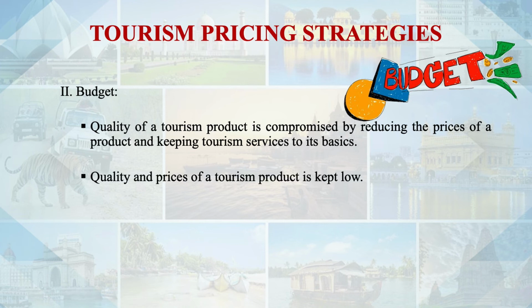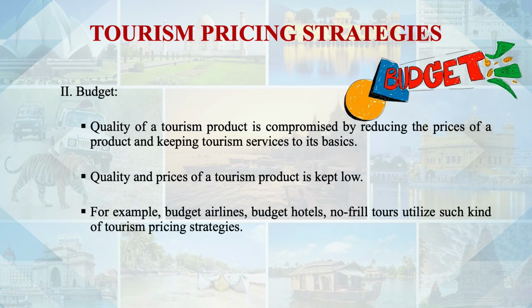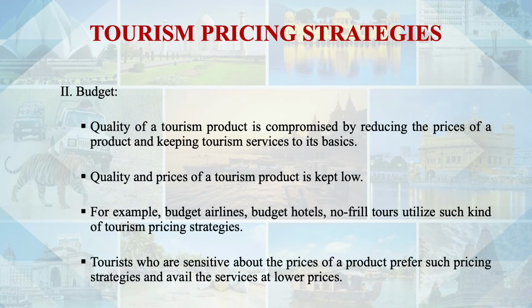Quality and prices of the tourism products and services are kept low. For example, budget airlines, budget hotels and no-frills tours utilize such tourism pricing strategies. Tourists who are sensitive about pricing prefer such strategies and avail the services at lower prices.